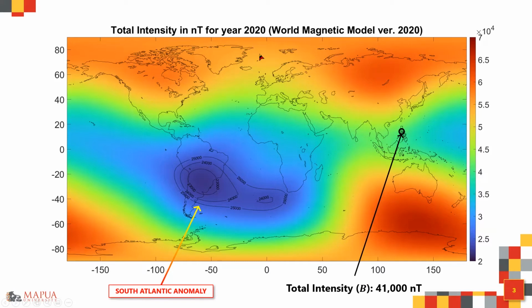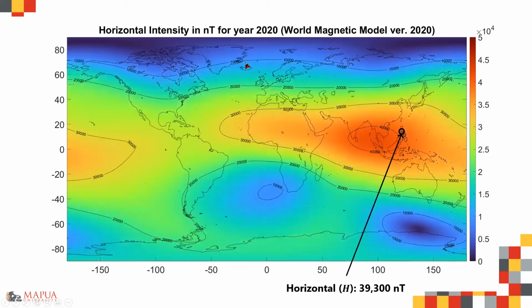Okay, so aside from the total intensity, the magnetic field can also be expressed in terms of its horizontal intensity, wherein we expect that the horizontal intensity along the equatorial region would be the greatest, because most of the magnetic field there has a horizontal component with very minimal vertical component.